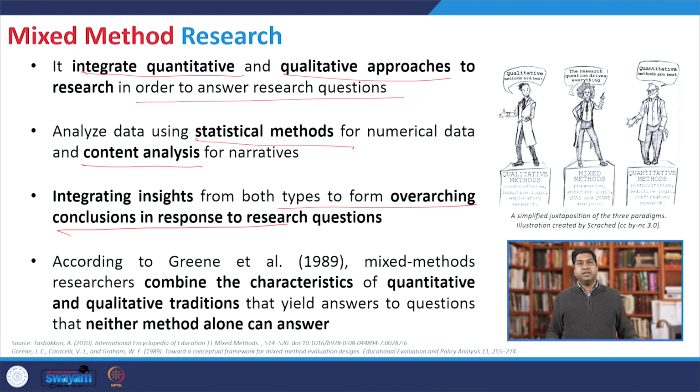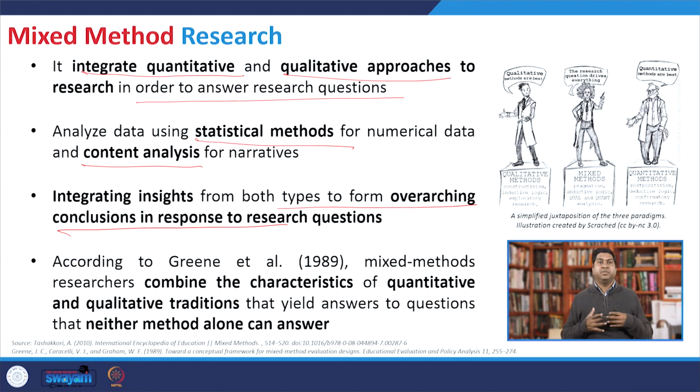Now, many a time what we find is that for the research question that we formulate, if we only go ahead with the quantitative approach, if we conduct some empirical study, maybe we get a certain kind of insight. There will be some statistical values, by which we can infer something, but maybe something is missing, the richness or the quality of the information.